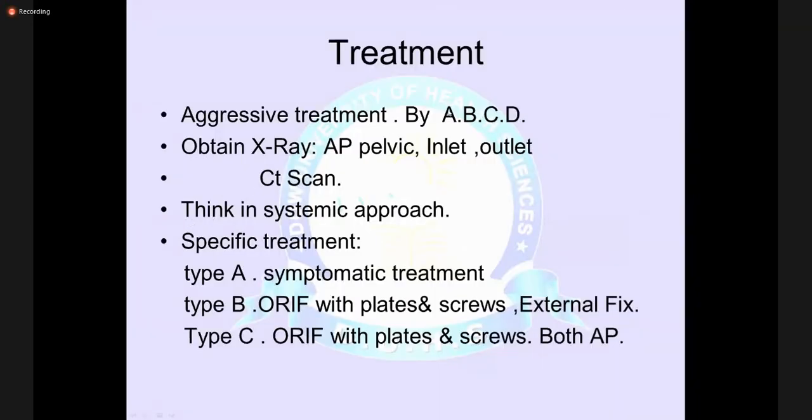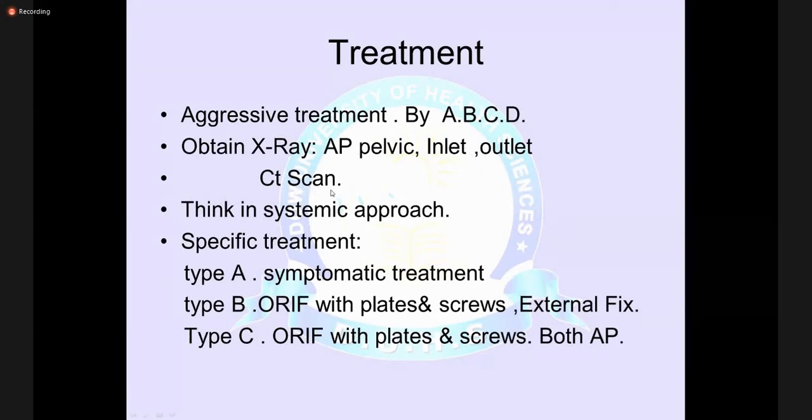Aggressive treatment is required by following the ATLS protocol, seeing the airway, breathing, circulation, and exposing the patient to see the visible deformity, not only in the involved limb but other hidden injuries also. After that, X-ray, as in the previous slide, we show the view of the pelvis, the inlet and outlet views, and the CT scan.